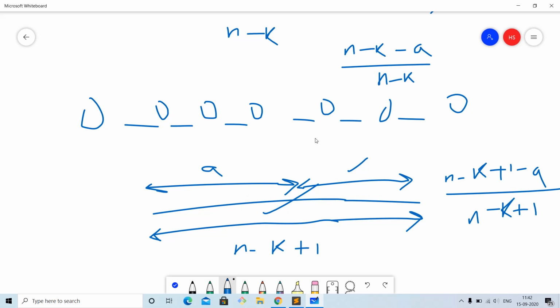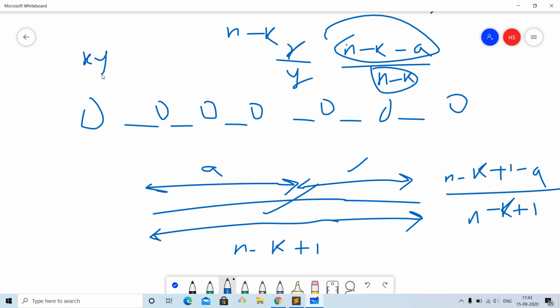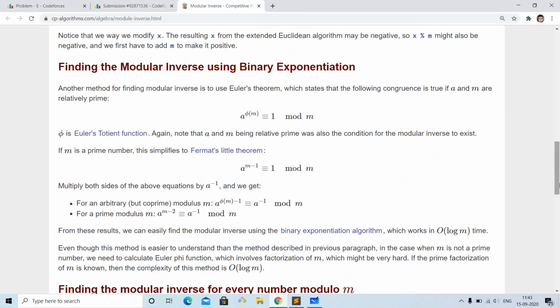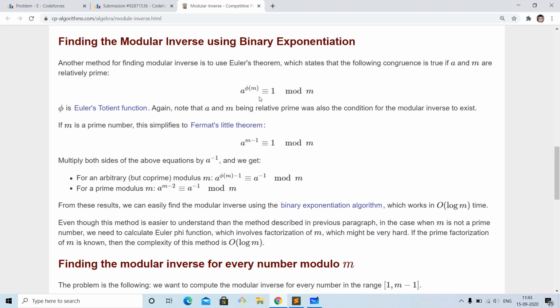We have to calculate the answer for this x by y, that is, x times y inverse mod the big prime. Using Euler's theorem, we know there is a special case called Fermat's little theorem: whenever we have to find A inverse mod m, this is equal to A power m minus 2.